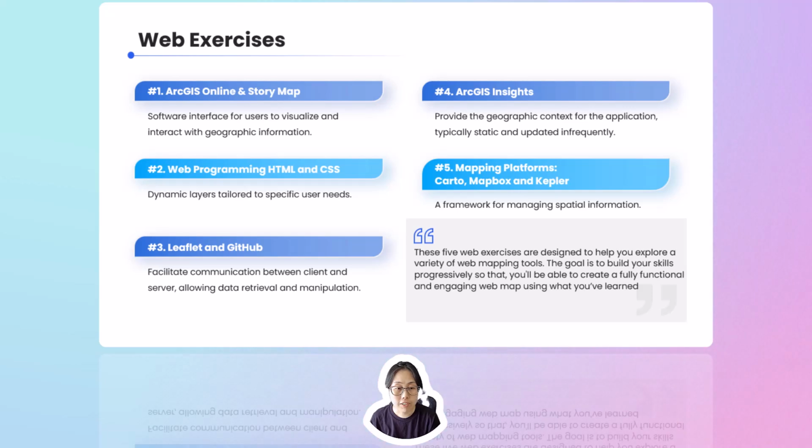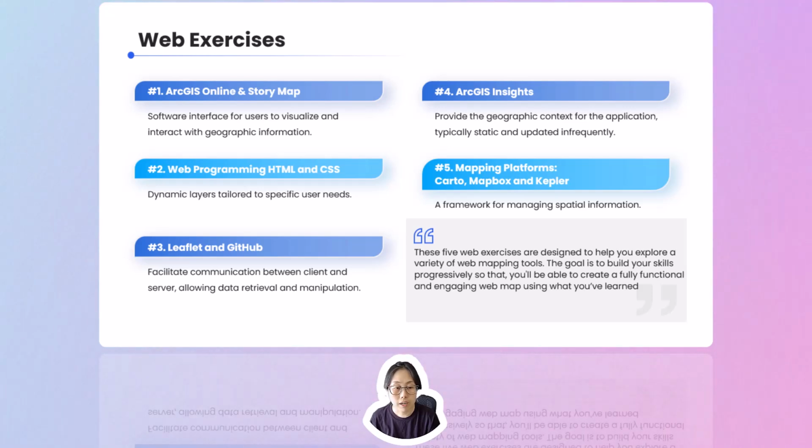Exercise 4 dives into ArcGIS Insights, where you will use dashboards and charts to visualize spatial patterns and relationships in your data. Finally, Exercise 5 introduces tools like Mapbox, Carto, and Kepler.gl, platforms that support advanced design features, big data display, and even 3D visualization.